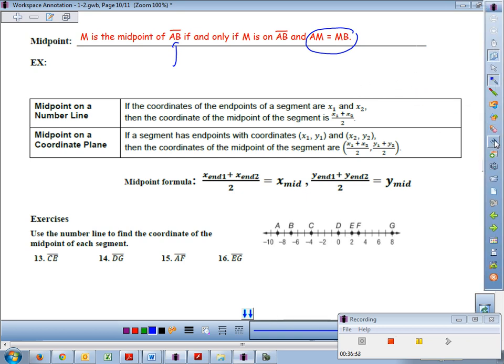Let's draw a picture. Get yourself a straight edge, and let's draw a nice picture. We first need segment AB. So draw segment AB for me. A and B are the endpoints. Correct? I want to put M in this picture. M is our midpoint.